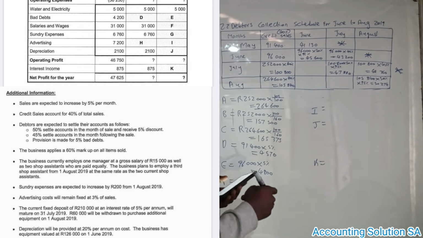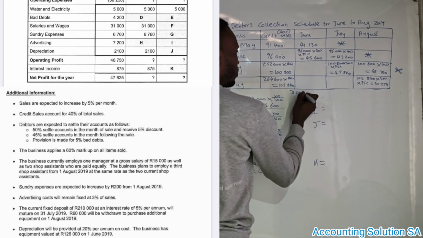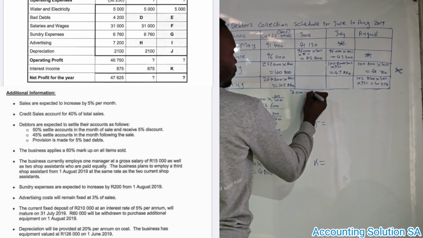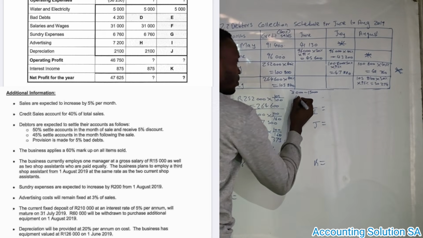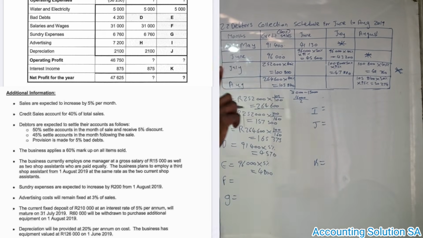So out of 31,000, just know that if you remove a salary of manager, those other 2 will remain with 16,000, which means that this 16,000, if you divide it by 2, you're gonna get a salary for each.